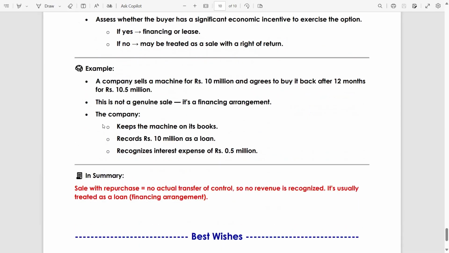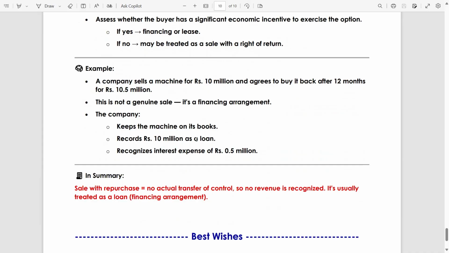There is an example. A company sells a machine for rupees 10 million and agrees to buy it back after 12 months for 10.5 million. The company is you, and the one purchasing this machine is me. This is not a genuine sale, it's a financing arrangement. The company keeps the machine on its books. It's still your asset.